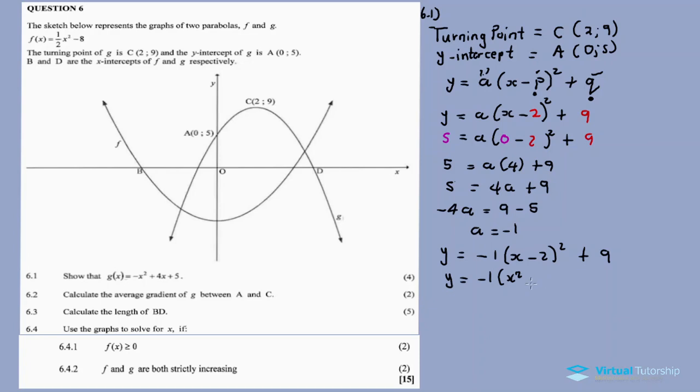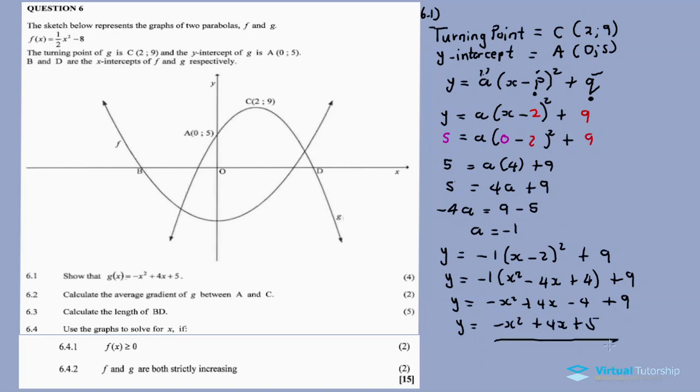You'll get x squared minus 4x plus 4 plus 9. So y equals minus x squared plus 4x minus 4 plus 9, and y is equal to minus x squared plus 4x plus 5.